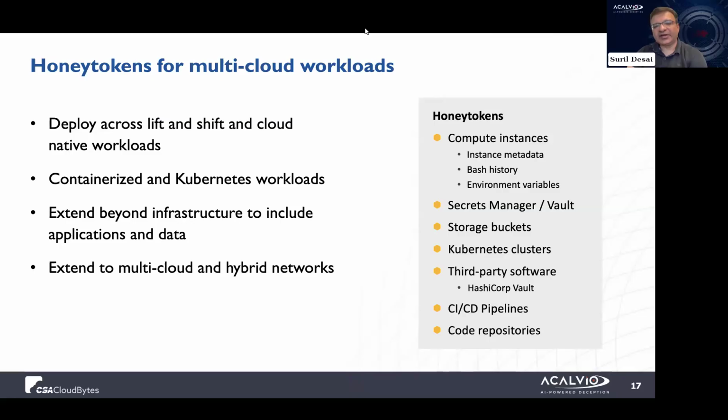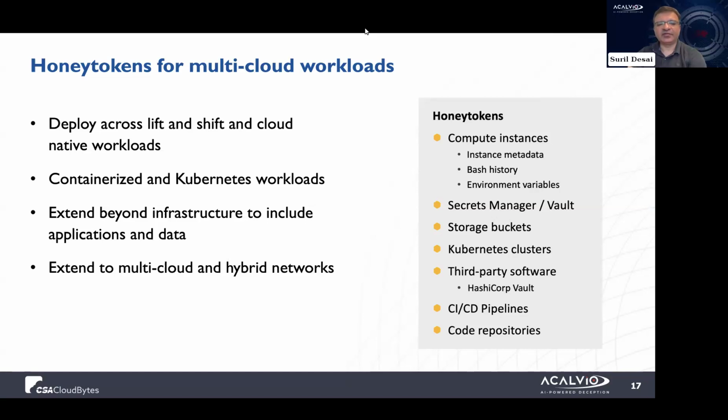For enterprises that have multi-cloud workloads, honey tokens can be deployed across each of the cloud environments. And so the idea is to provide comprehensive coverage, so organizations can deploy across lift and shift and cloud native workloads, across containerized and Kubernetes workloads.